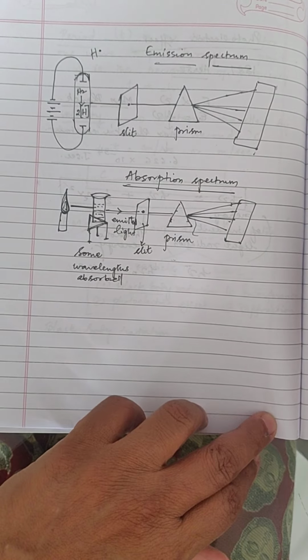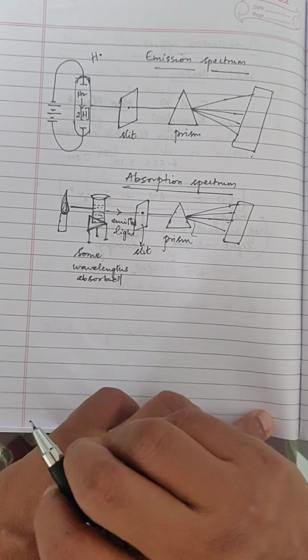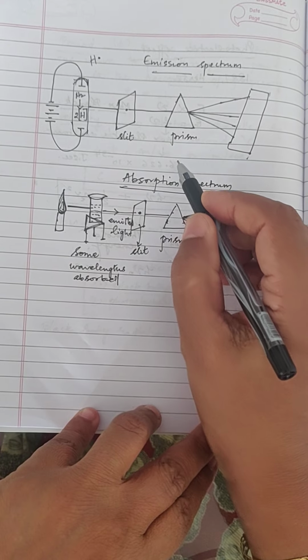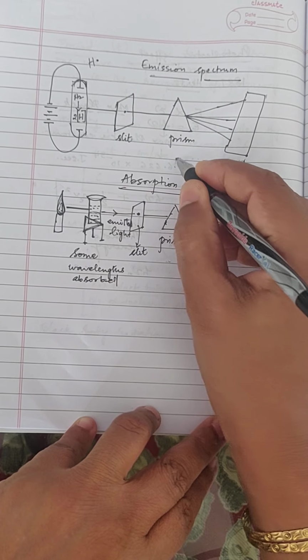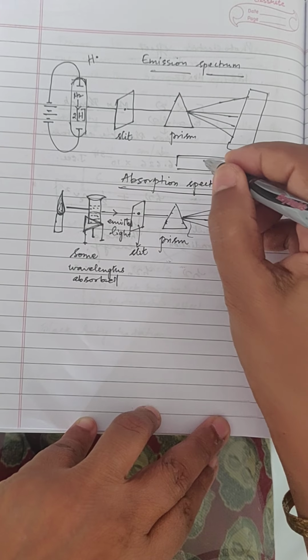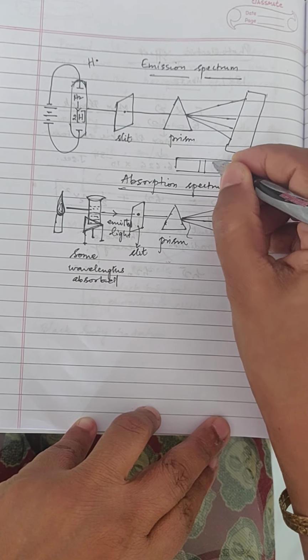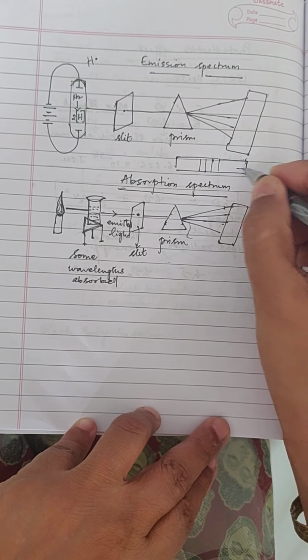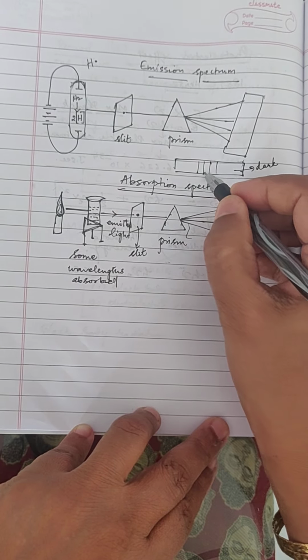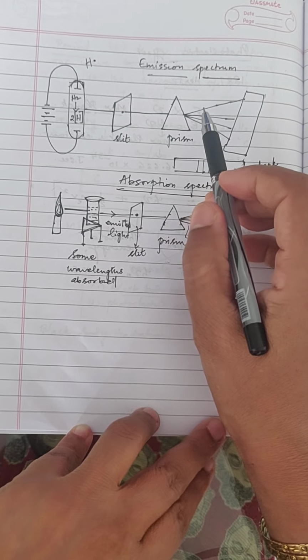Now here what you find is a dark base on which bright lines are seen. The background is dark, and these are colored lines in the case of emission spectrum.